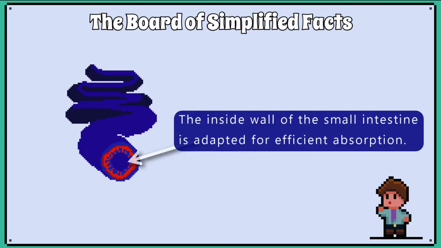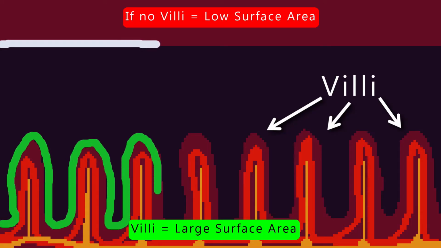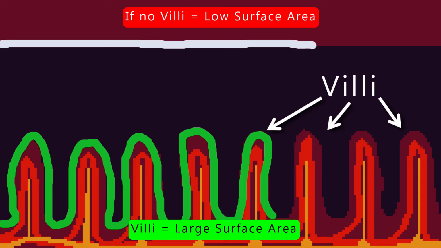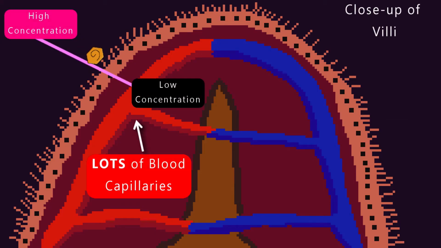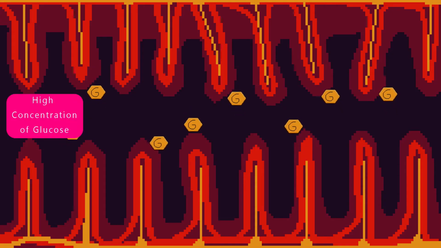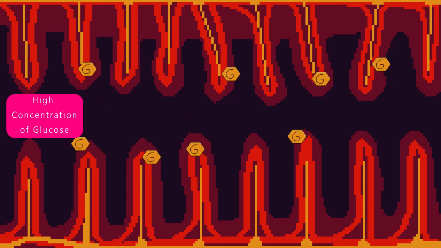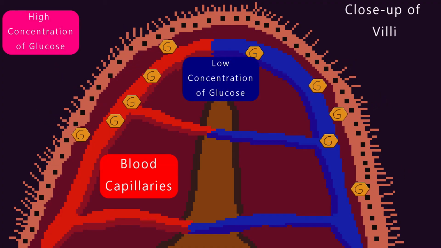The small intestine has the following adaptations for efficient absorption. It has a large surface area, which is generated by the special projections the small intestinal wall has, called villi. They also have a rich blood supply, which maintains a steep diffusion gradient. Take glucose, for example. The glucose is diffusing from a region of high concentration, the inside of the small intestine, to a region of low concentration, the blood.